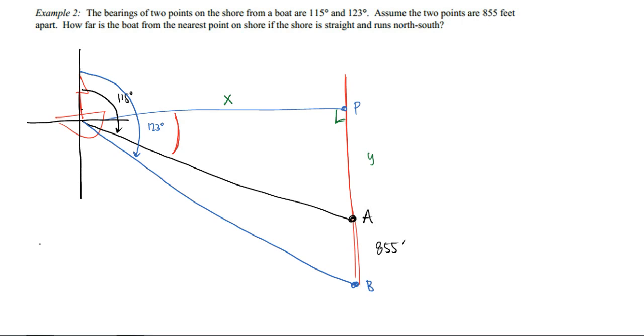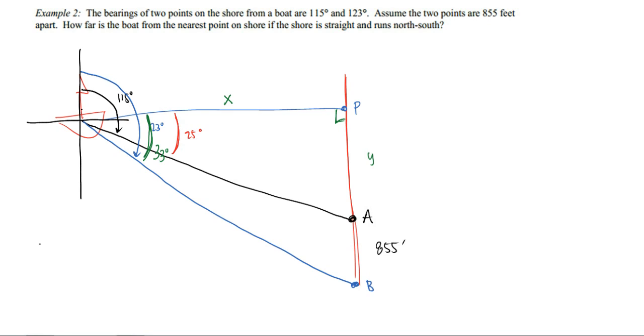Now 90 minus 115, that's going to be 25 degrees. And this little larger one right here, that's going to be 123 minus 90, so that's going to be 33 degrees. I think that's going to come into this problem somewhere pretty soon.